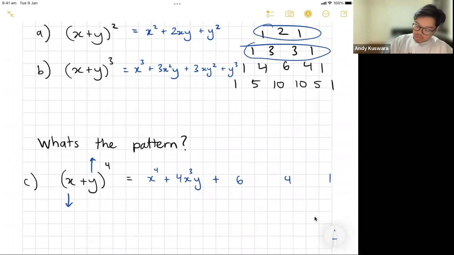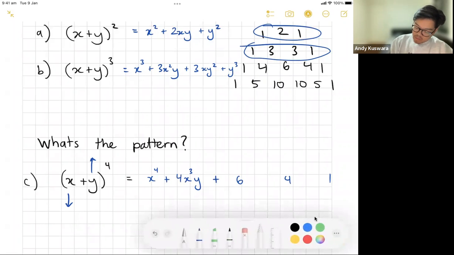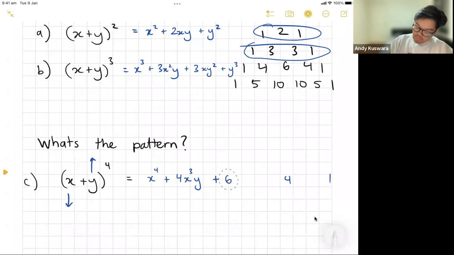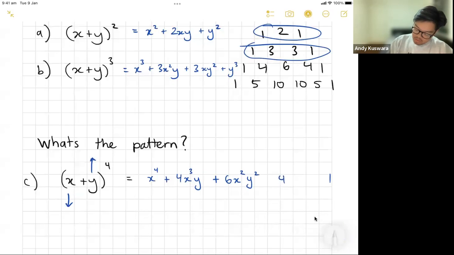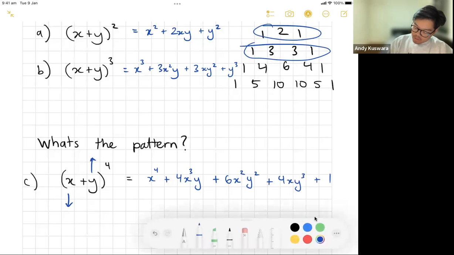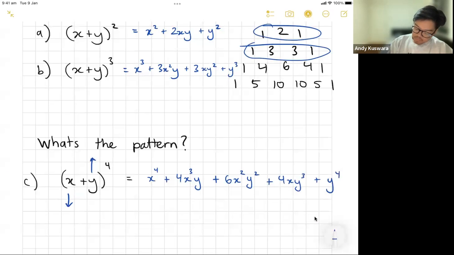Then the next one is plus 6 lots of x squared y squared, because the powers of x are going down and the powers of y are going up. Then the next one will be plus 4 lots of x y cubed. And then the last one is plus y to the power of 4.